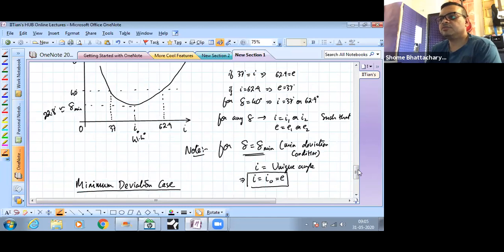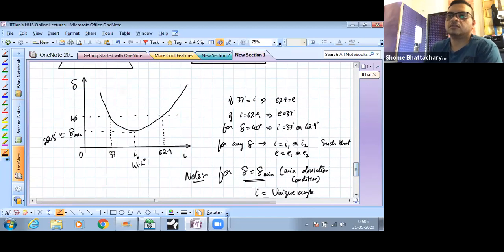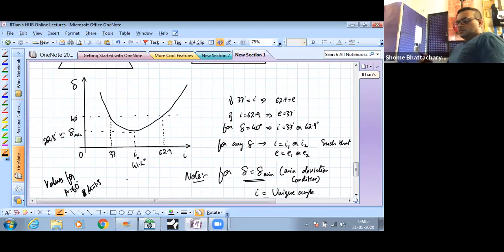So the values here being for that set. Now the other question is, what about maximum deviation? Okay. What is the maximum deviation that we can have?